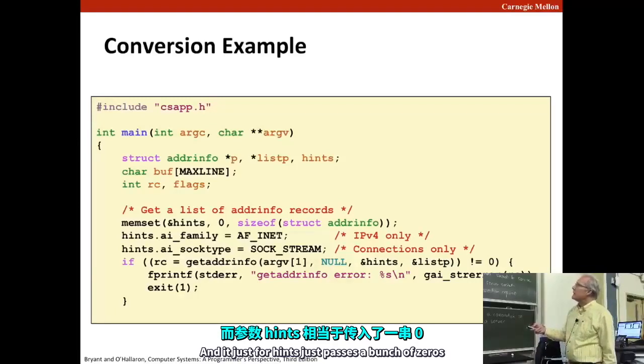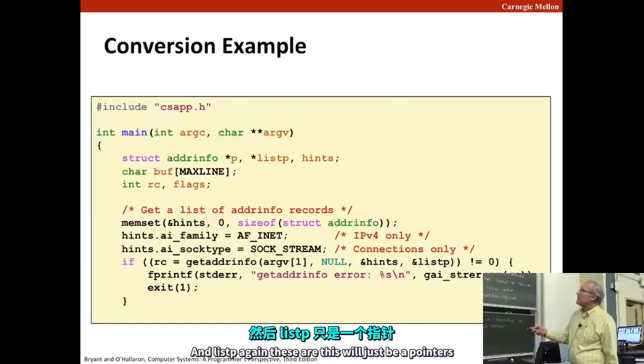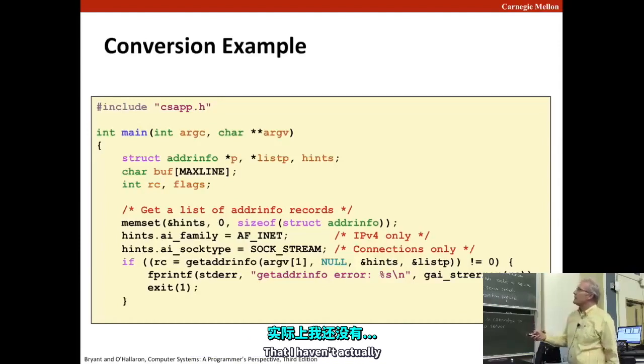For hints, it just passes a bunch of zeros. And listP, again, will just be a pointer.